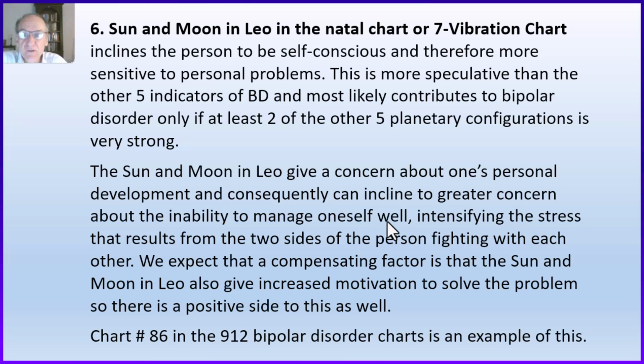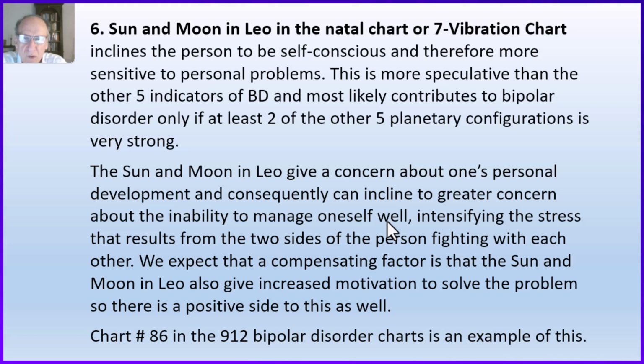Okay, it intensifies the stress. The more stress, the more pressure, the more the person's being pulled. It's like a rubber band that's getting pulled, the more they snap, the more they exhibit these behaviors that we call bipolar disorder.